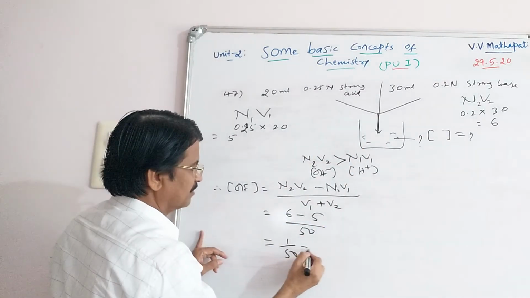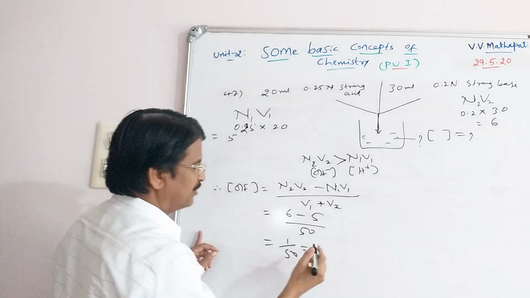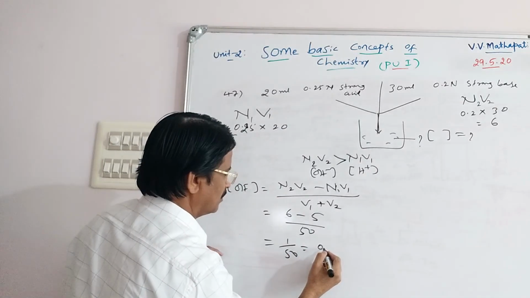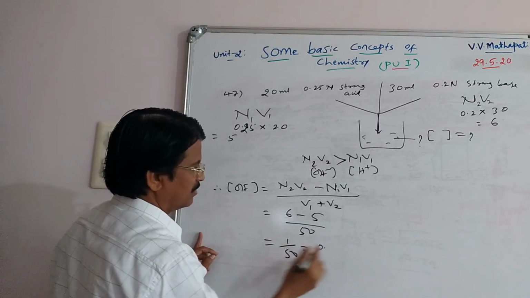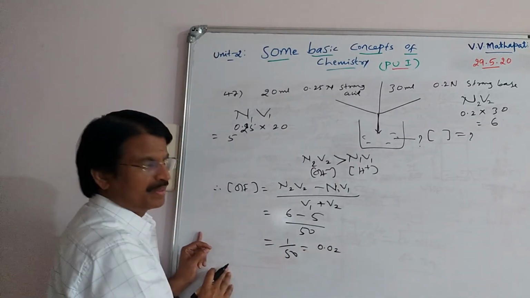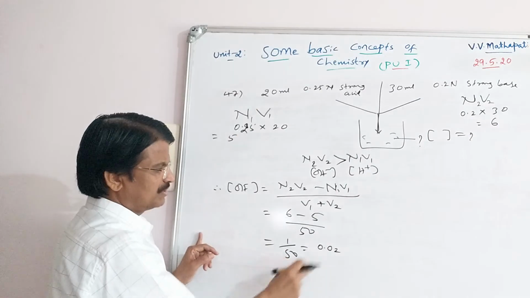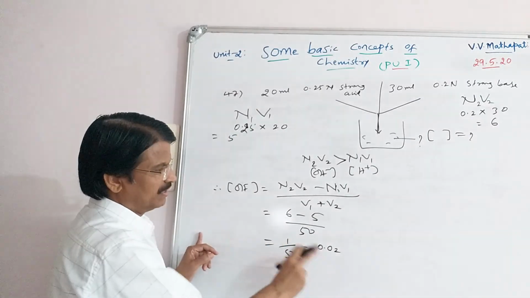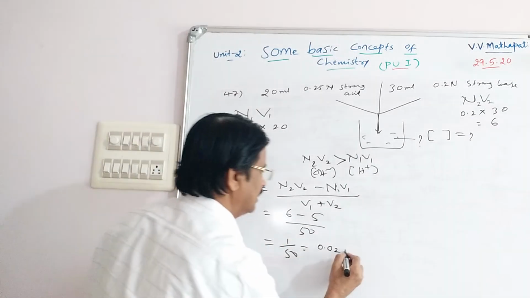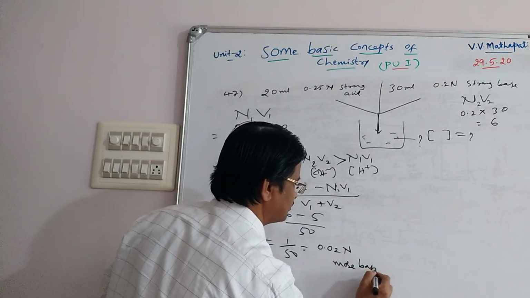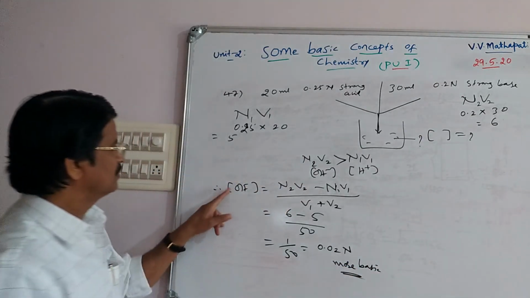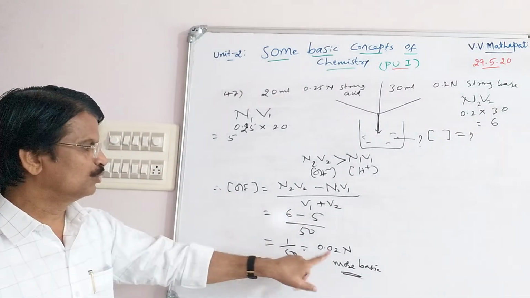That is 1 by 50, which is 0.02 N. Then it is basic, because the solution is basic, 0.02 N.